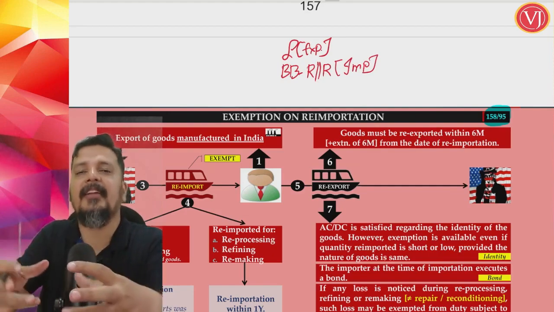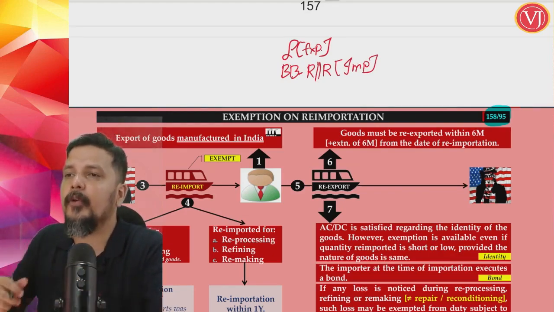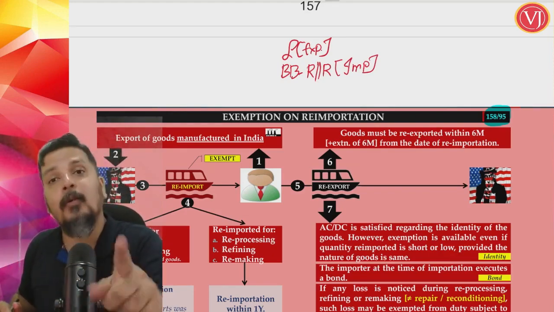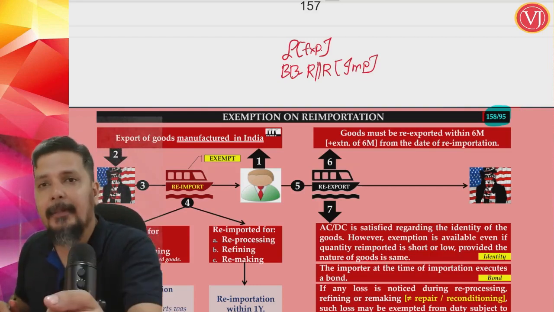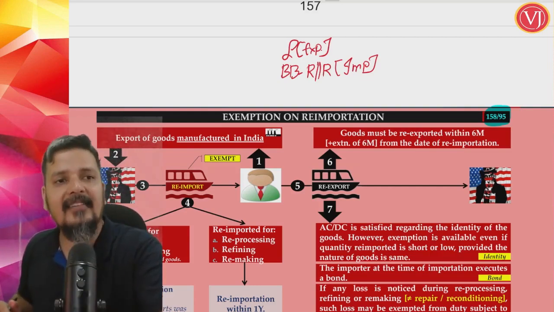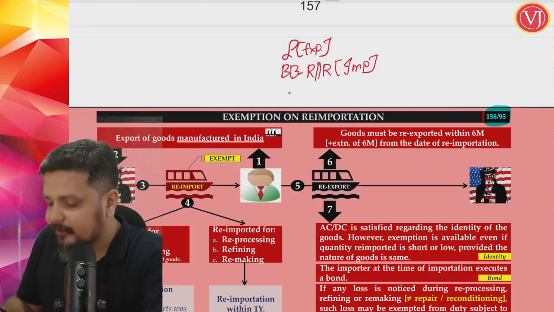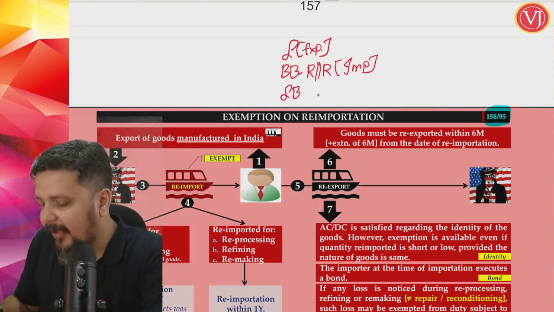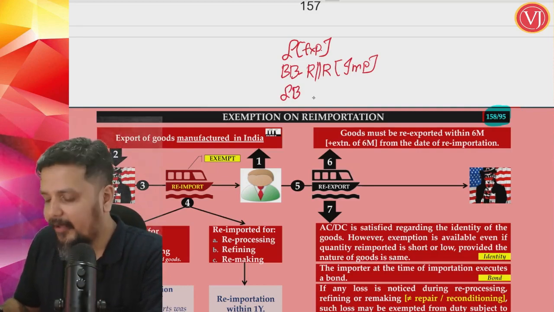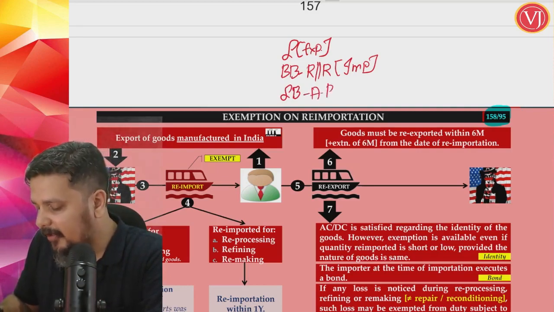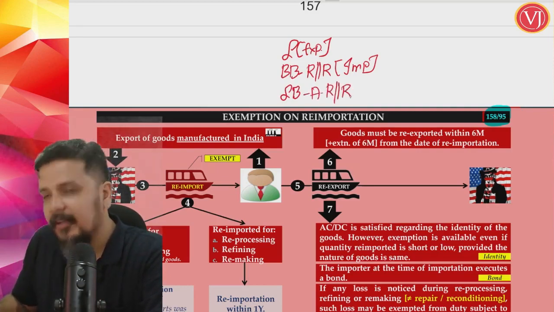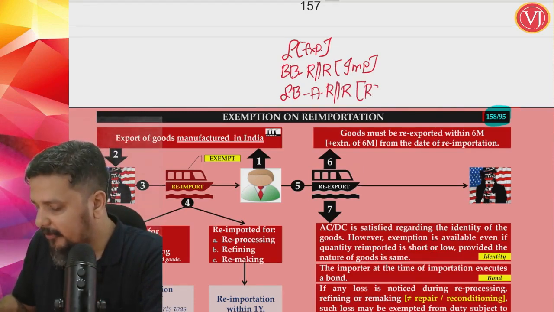After you correct the mistake, after you do your repairs or your remanufacturing, here both are allowed. There only repairs were allowed, but here repairs and remanufacturing are allowed. You send it back after repairs or remanufacturing.